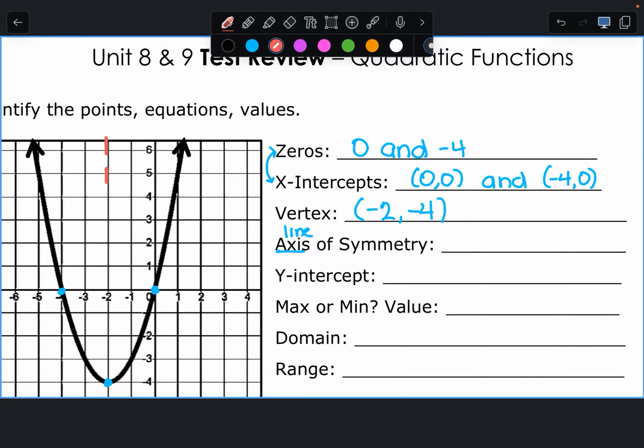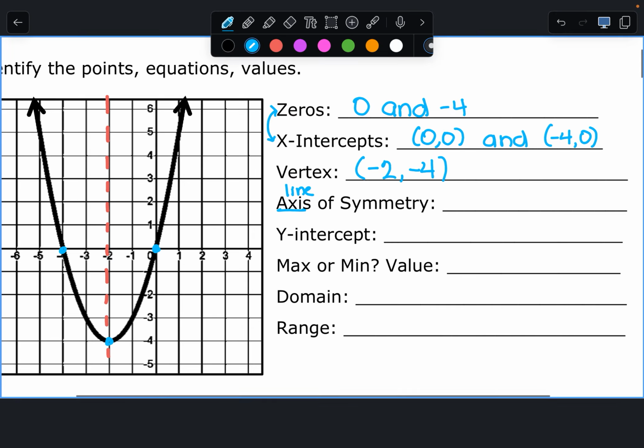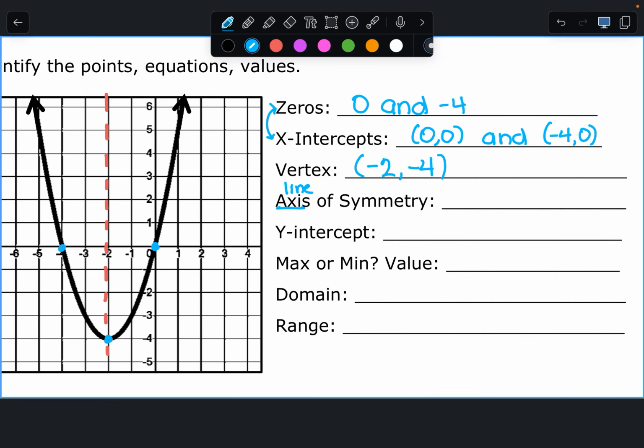It always goes through the vertex, so it's always going to split the parabola in half. Since it's a vertical line, the only way to write a vertical line is by using an equation, x equals what? If you're not provided a graph, just know that since it always goes through the vertex, it's the x value of the vertex.